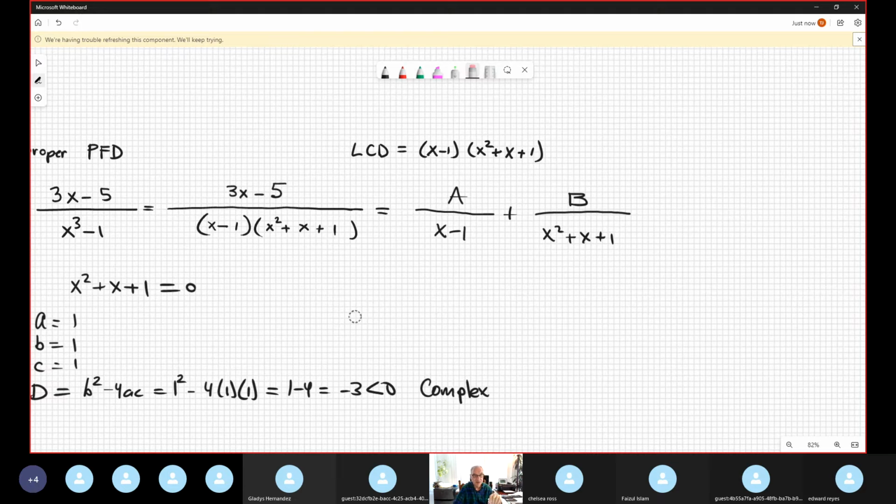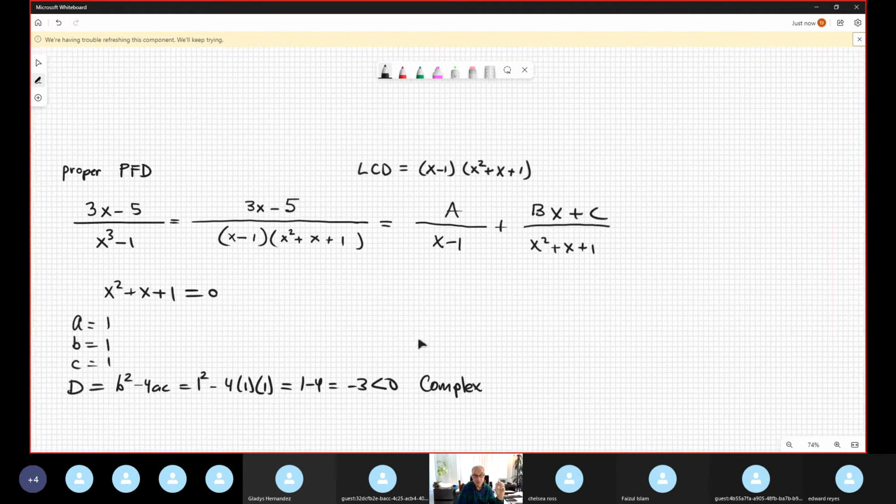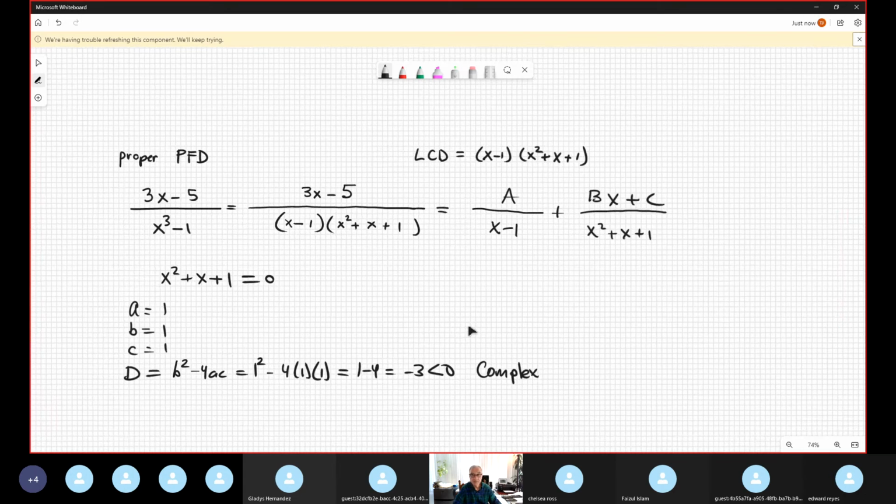And for the complex, I remember I explained that we have different situations. If the degree is 2, the numerator has degree 1. So, bx plus c. Cool? This is a typical format that you need to memorize for the partial fraction decomposition. You follow me or no?